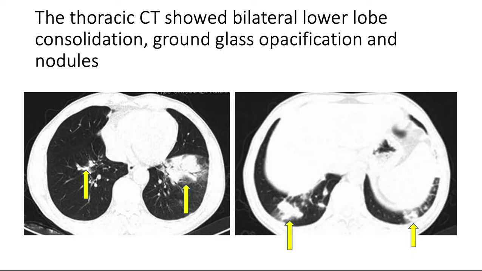However, he did not recover and was transferred to hospital for treatment. The chest computed tomography showed bilateral lower lobe consolidation, ground glass opacification shown by the arrows on the CT, and nodules. Therefore, the patient was diagnosed with hospital-acquired pneumonia.